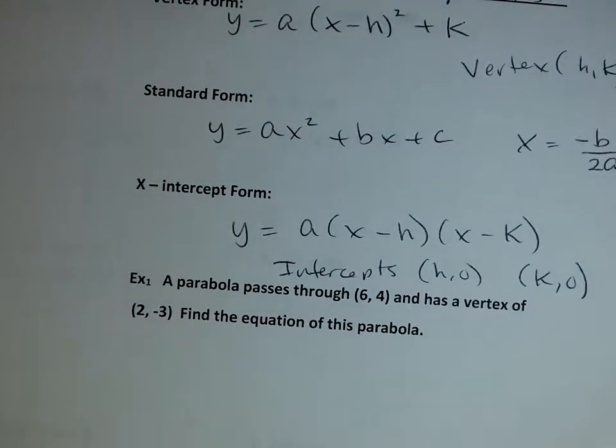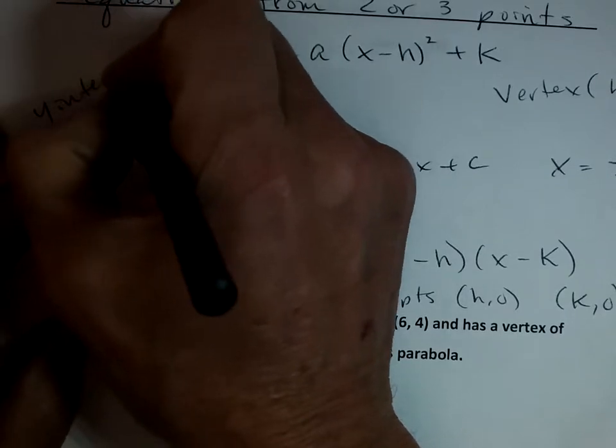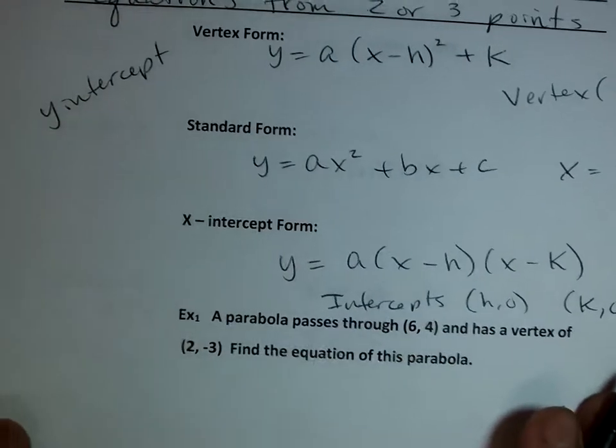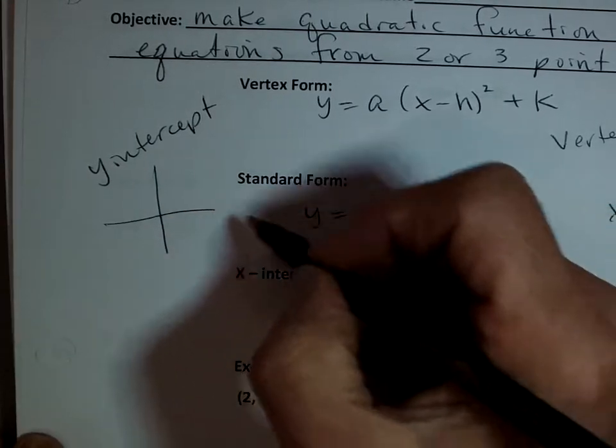But if it has a y value, how will we find the y value? The y-intercept, right? Great question. So to find the y-intercept, let's write that down. Y-intercept. Let's think about it for a second, because it always holds true, okay?